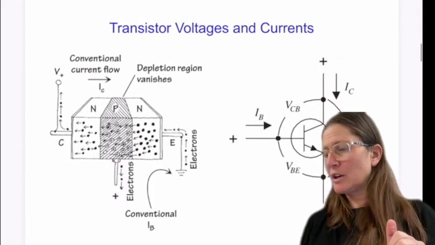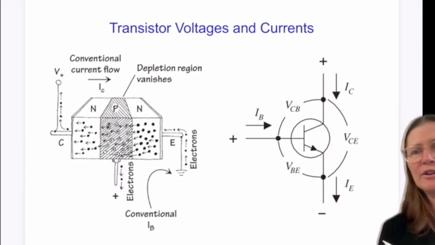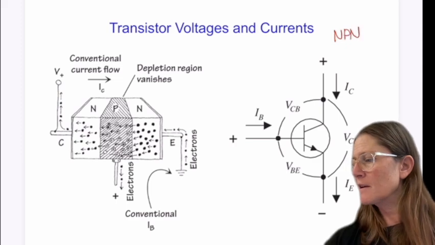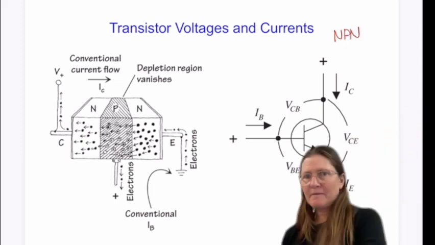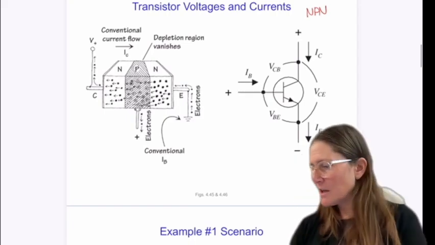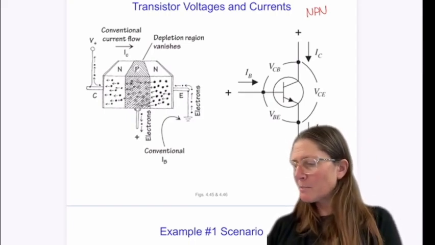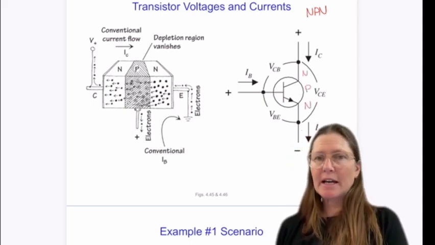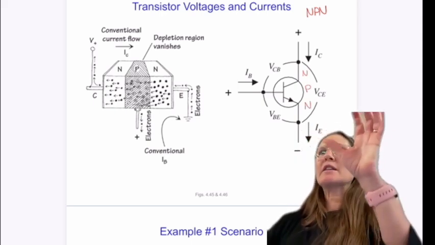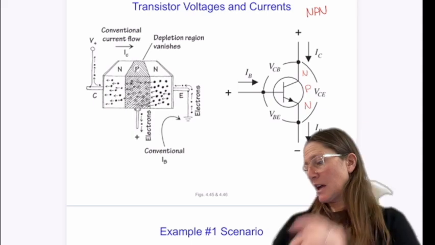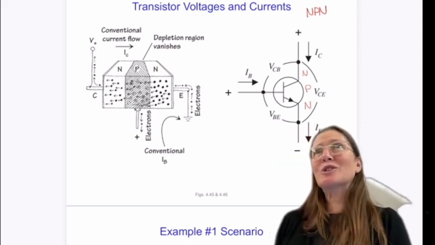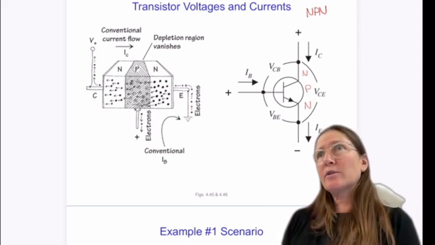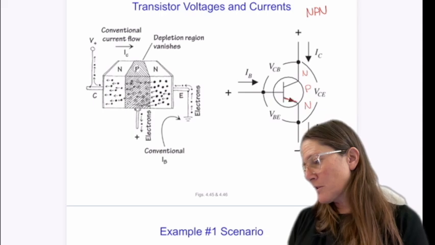Okay, so here is a side view of the transistor. So this one is called an NPN. And on the NPN, the top part is N, the middle part is P, and the bottom part is N. Remember in that there was between the P and the N, you have a diode, and so that's what that arrow is representing, is that diode that's working in forward.